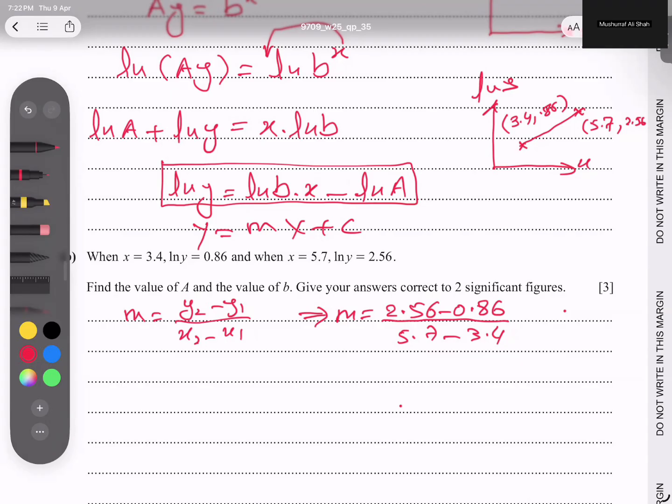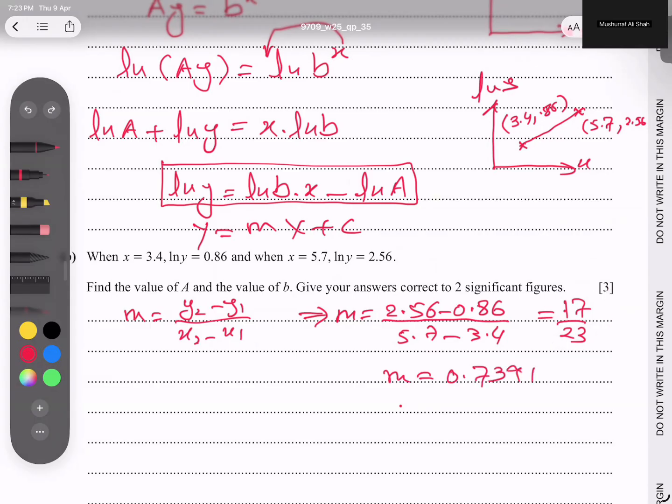And in fraction form, I'm getting 17 by 23. In decimal I'm not writing it, although we can write decimal even, 0.7391. But I'll use the fraction form.